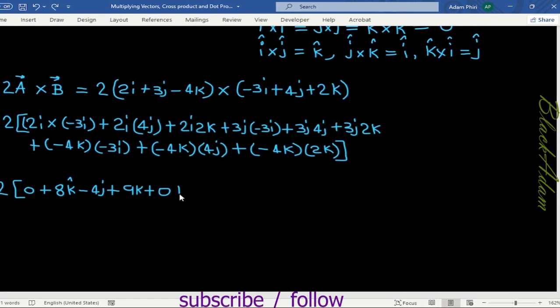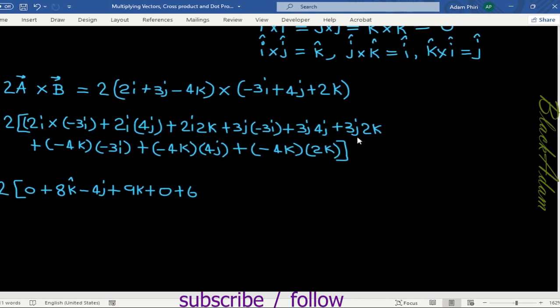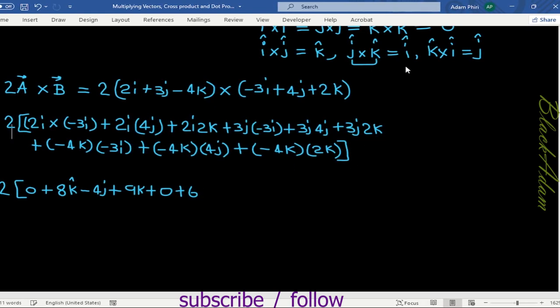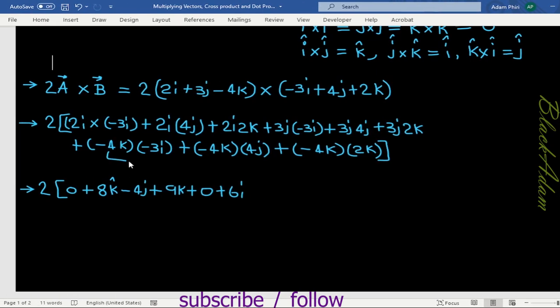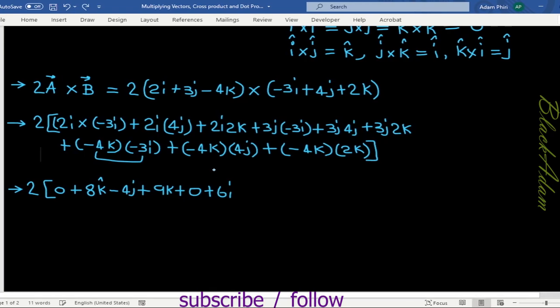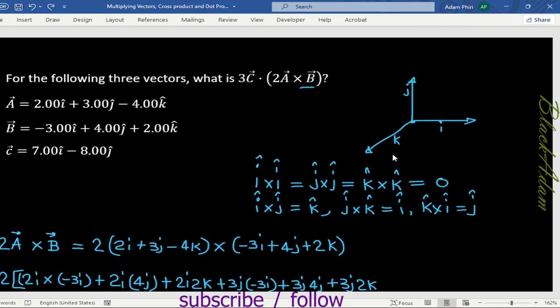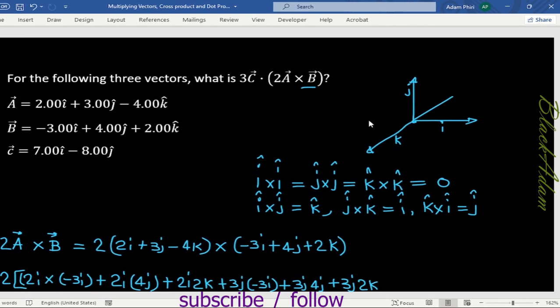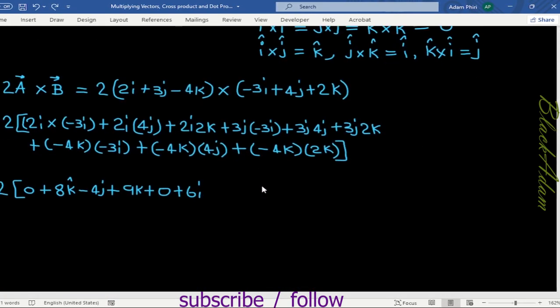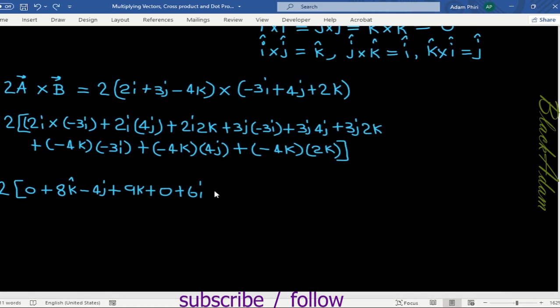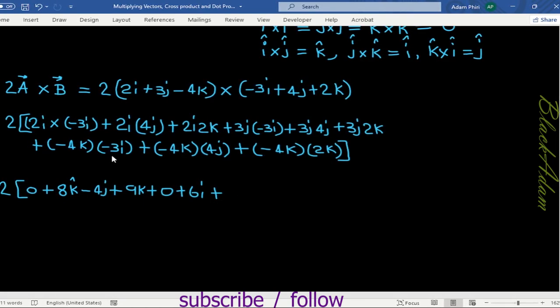Then 3 times 2 is 6, and j times k is i, so it's 6i. And then negative 4k, negative i, the right hand rule again tells us positive, so that is going to give us a positive sign.